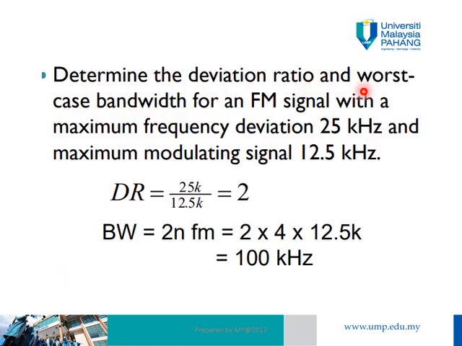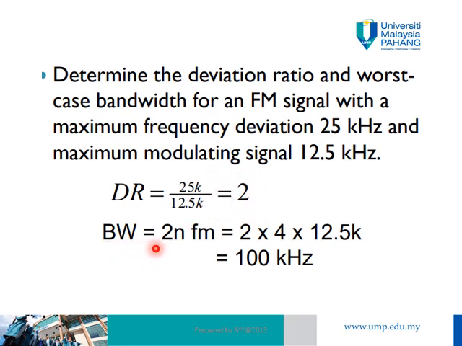Determine the deviation ratio and worst case bandwidth. So we have discussed this before. DR equal to 25 kilohertz frequency deviation over modulating signal Fm 12.5 kilohertz, which is equal to 2.